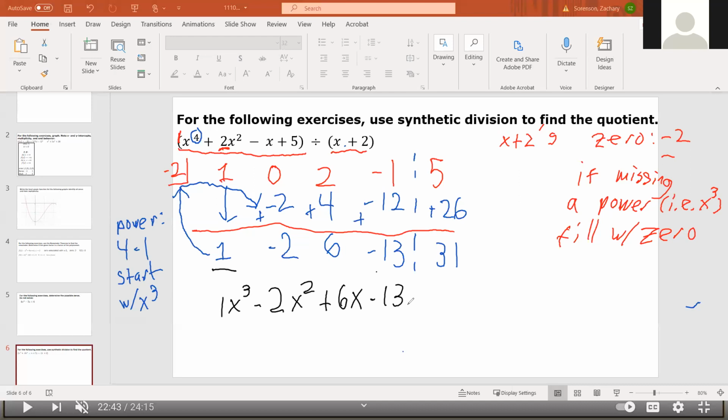Okay. Now, the reason why some people put a dotted line here is it helps me separate and say, this is actually my remainder here. So that's why that's there, is people like to say, oh, that's not really part of my answer. I mean, it kind of is, but that's my remainder. So that helps me determine if this is a factor or it's not. So is x plus 2 a factor of my polynomial?